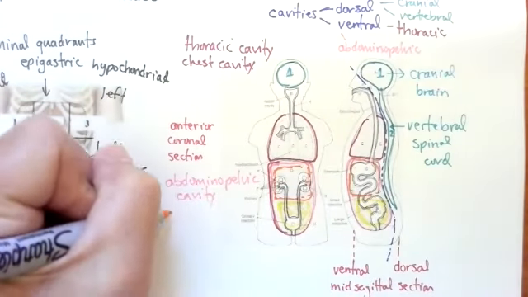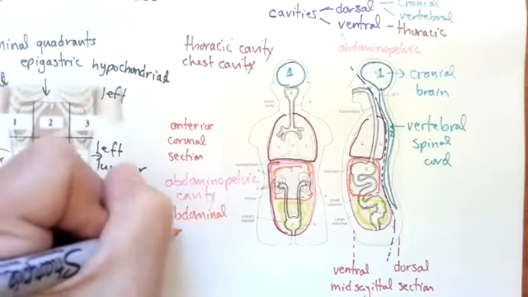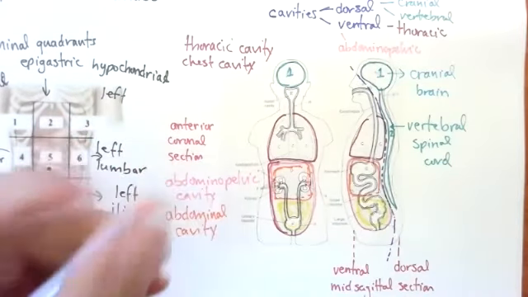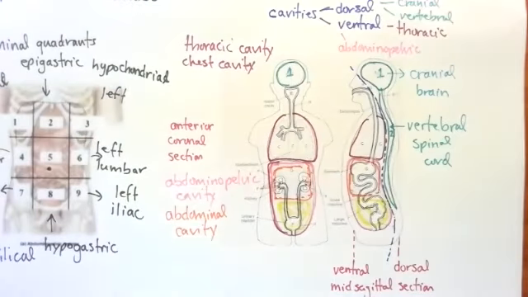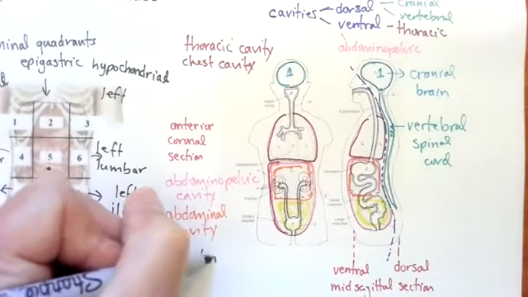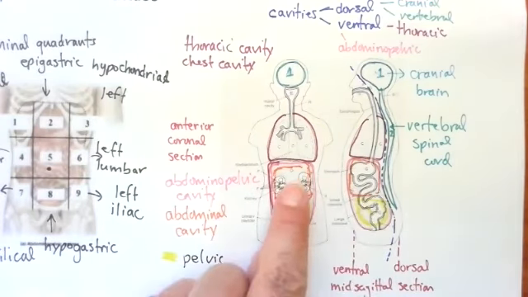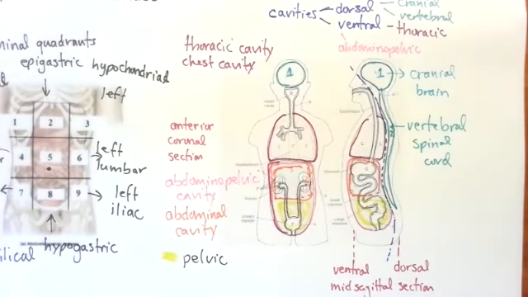So the orange area is the abdominal cavity. And yellow, which won't show up very well, so I'm just going to do a color block, and right next to it is the pelvic. So this entire cavity is subdivided into the abdominal portion and the pelvic portion.